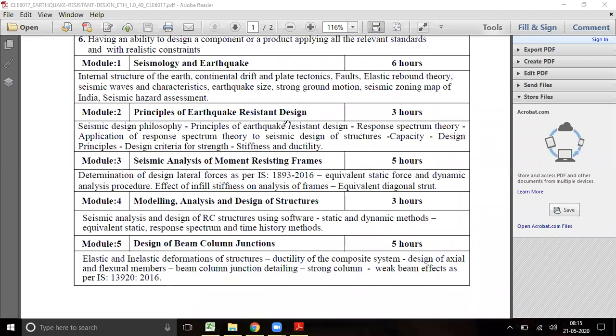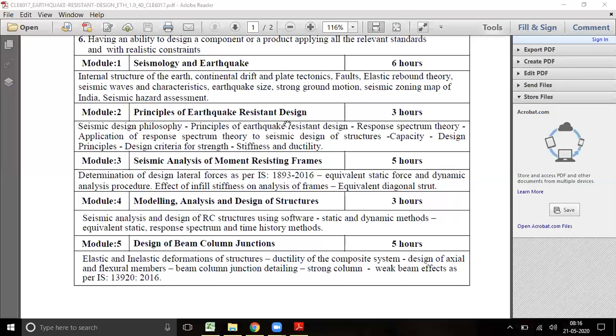And seismic hazard assessment. Suppose you are going to construct a nuclear power plant or any important building in a particular place, and the seismic zone factor of that place is zone 4 or zone 5. You cannot simply assume that value, zone 5 or zone 4. Instead, since your building is highly important, you should assess whether there are any earthquake faults in and around the proposed site.